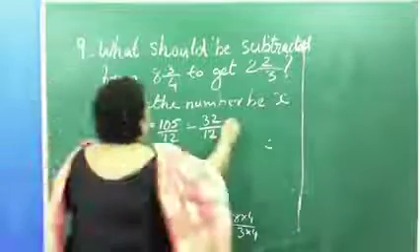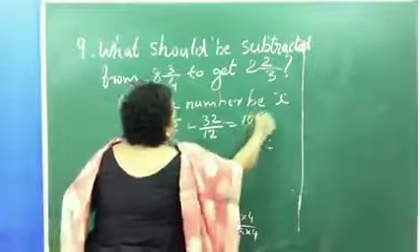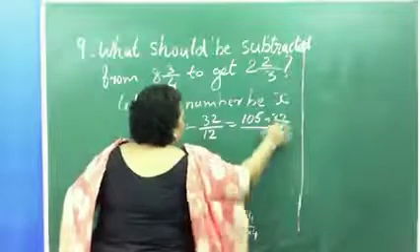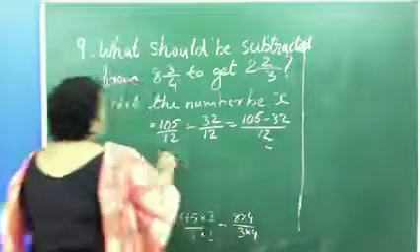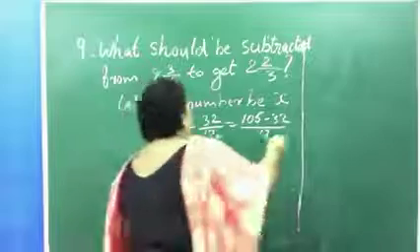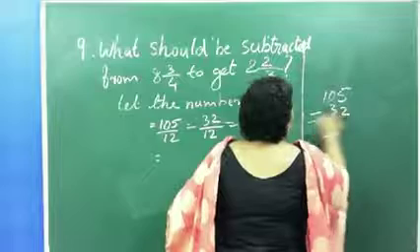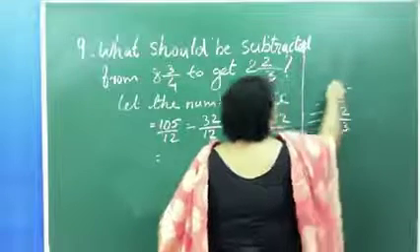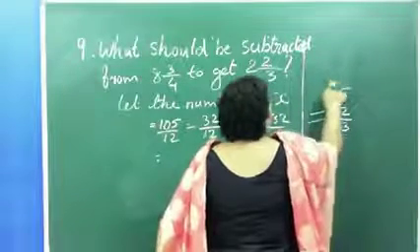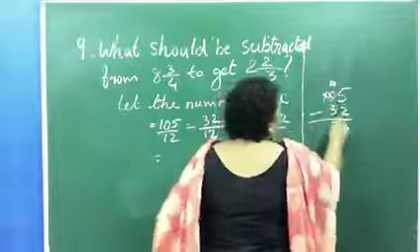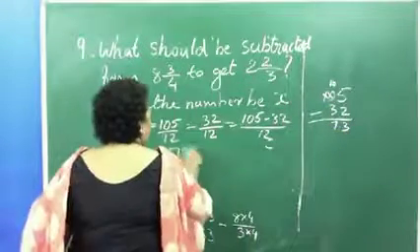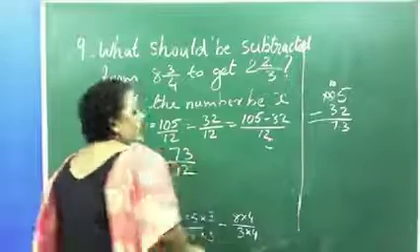Now 105 minus 32 by 12, you can do it in your working column, 105 minus 32. Here it is 3, and here this becomes 10. So 10 minus 3 is 7, that is equal to 73 by 12.